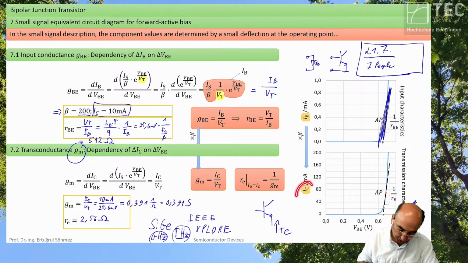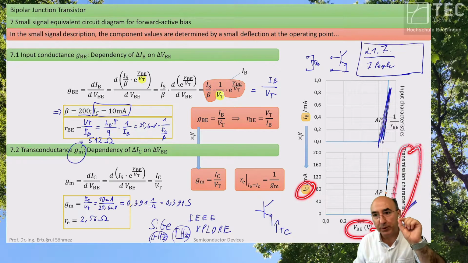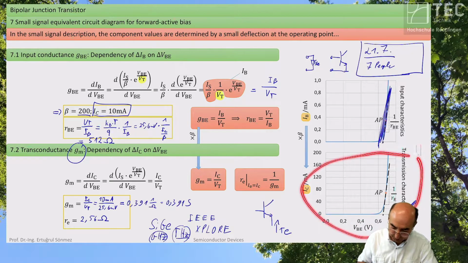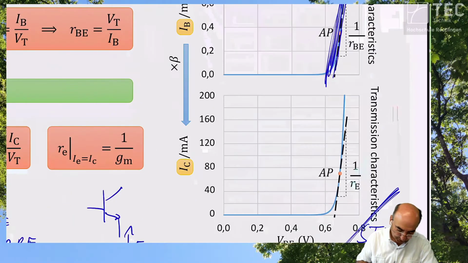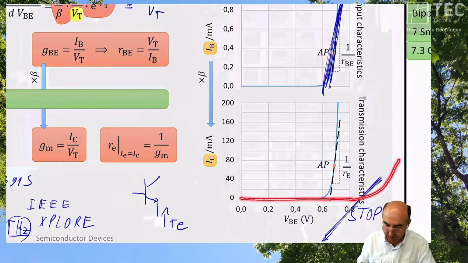Then we have the output current as a function of the input voltage. And this is the transmission characteristics. That's the most important chart of a transistor. So this transmission characteristics is for a MOSFET like this, nothing, and then it starts quadratically.